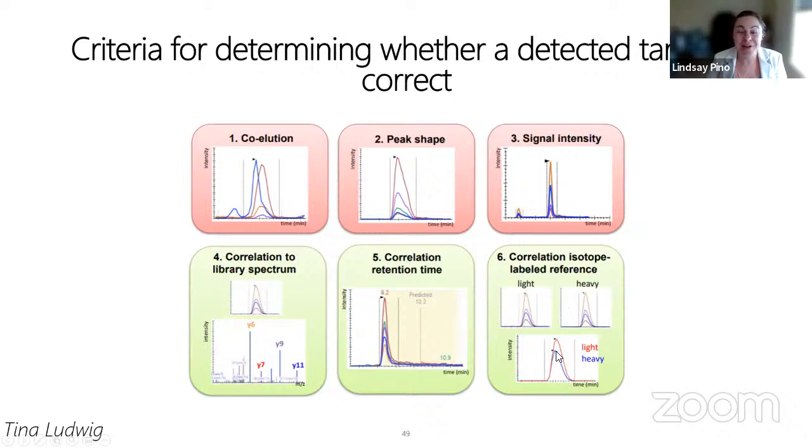So if you look for your heavy standard, your light standard should be right there, perfectly co-eluting with it. That one is not so common with DIA, but very common with DIA, maybe even required for a lot of DIA software, is the correlation to a library spectrum and correlation to a retention time.